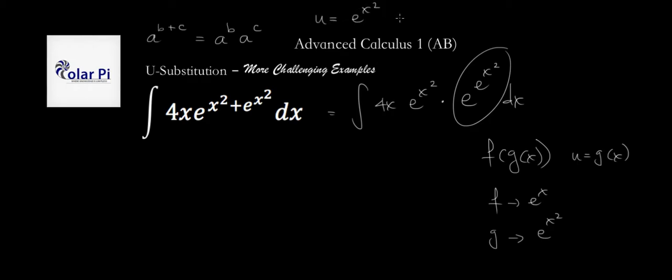Well then the question is: what is du, the derivative, inside of what remains of our integral? If this is u, then du would have to be e to the x squared, and by chain rule, times 2x, and then dx.